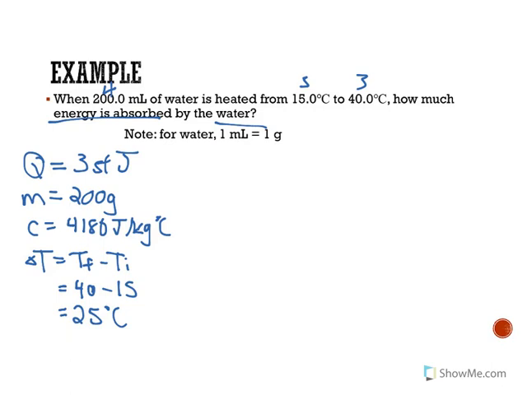And if we take a look, our specific heat is given in kilograms and our mass is in grams. So we're going to want to change our mass. So it's in kilograms. If we divide by 1,000, we get 0.2 kilograms.